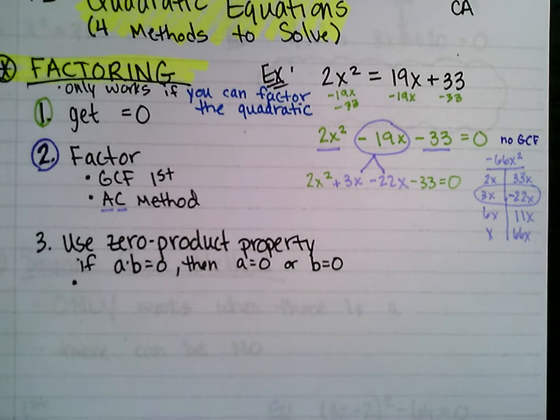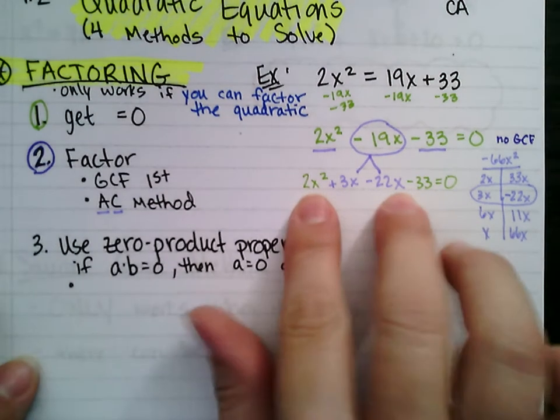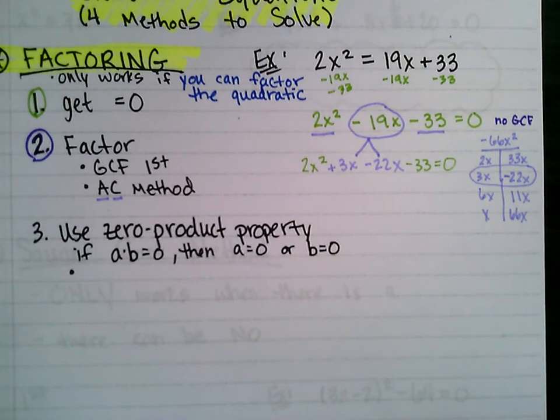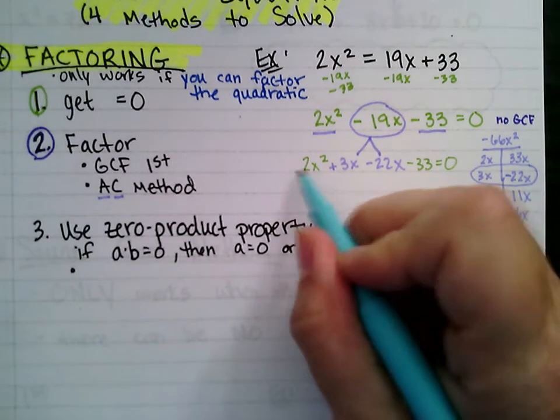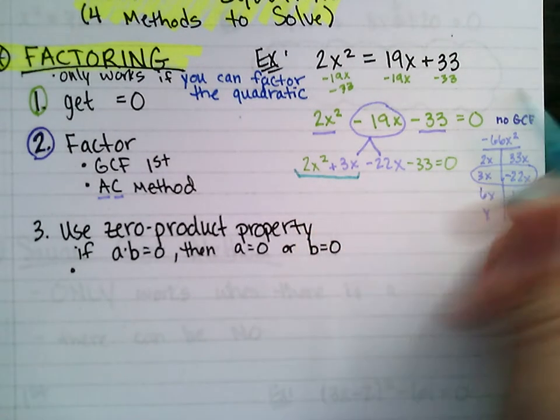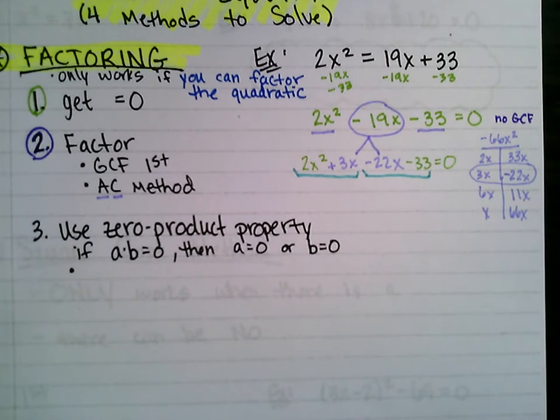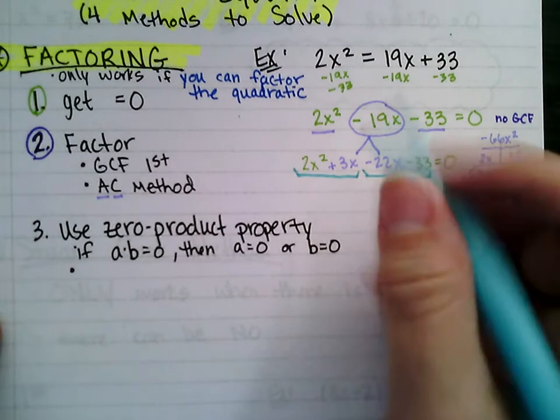Then the next thing that I will do is I will use factor by grouping with these 4 terms. So I'm going to group my first 2 terms together and my second 2 terms together. And I'm going to take out a GCF from each group.